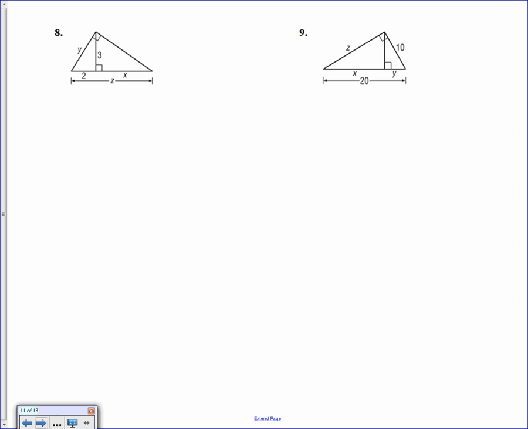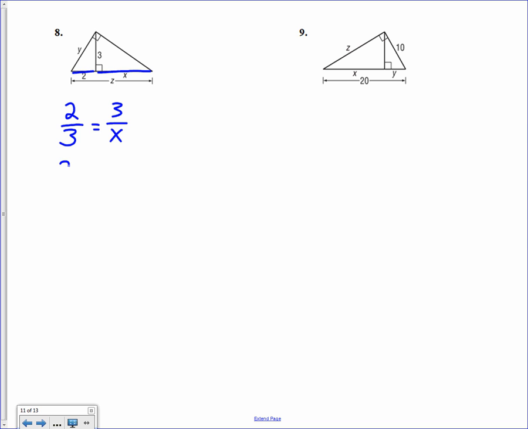So here, 3 is the altitude using the geometric mean altitude theorem. That means that that is the part that goes in these two positions. And then we get a 2 and an x in the other, because those are the two parts that the altitude is breaking our triangle into on that side.